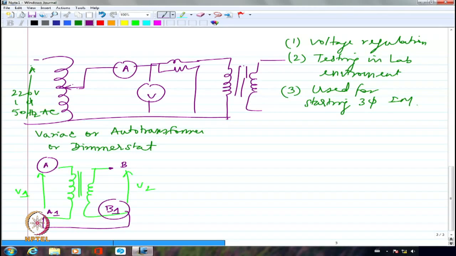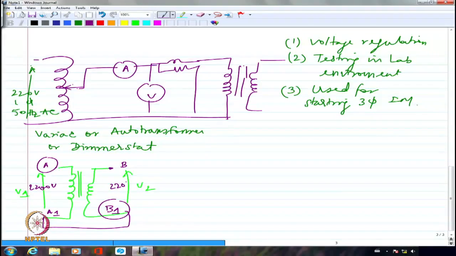In the auto transformer here itself, let me say that maybe this is 2200 volts. Maybe this was 220 volts. Let me take this as 200 volts. That's fine. Okay?